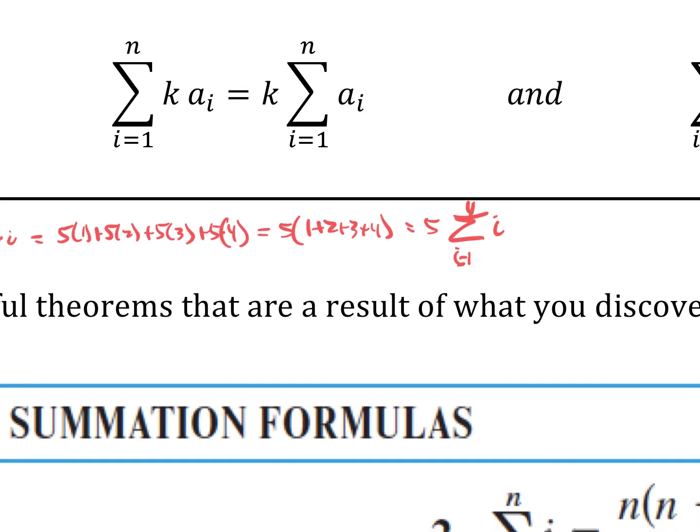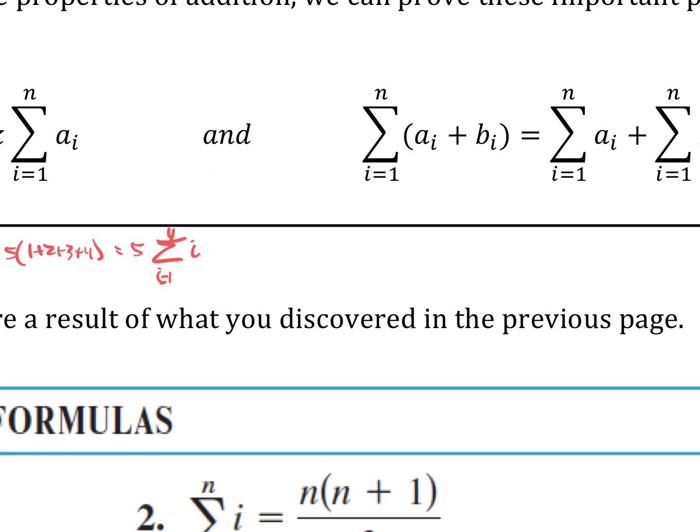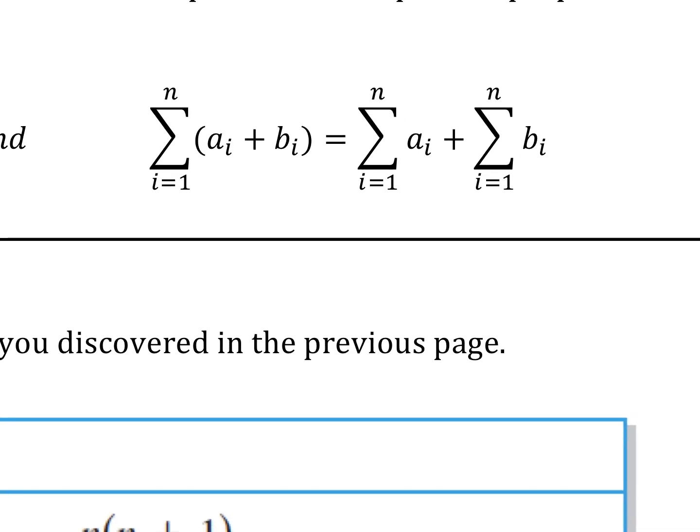All right? So notice the 5 that was on the inside just gets pulled out because it's really just factoring. Okay? Distribution in reverse. That's all this rule is saying.